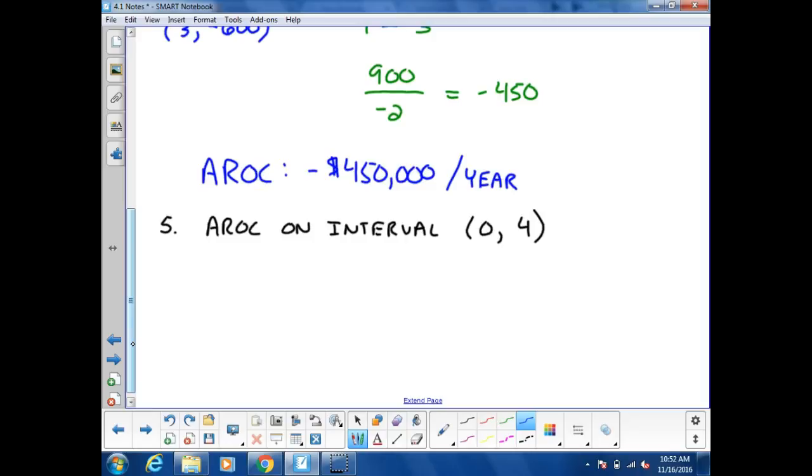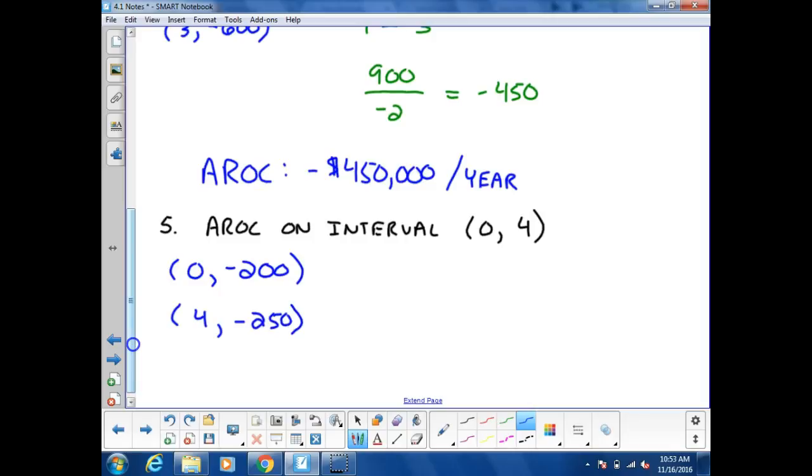Okay, so at 0, what is it? Negative 200, right? Okay, at 4, it's what? I got like negative 250. Yeah, ish, because it's not quite half, right? I'm going to go with negative 250.